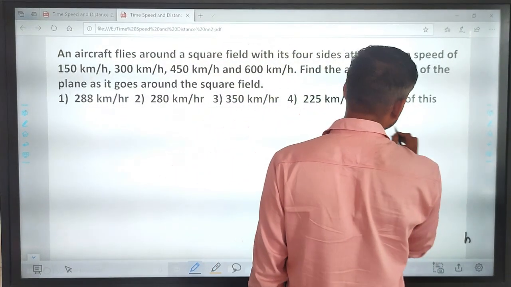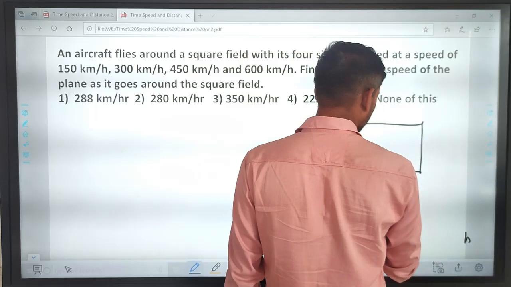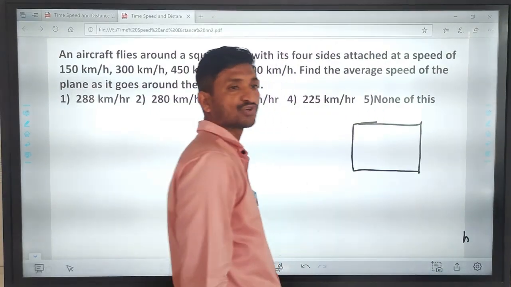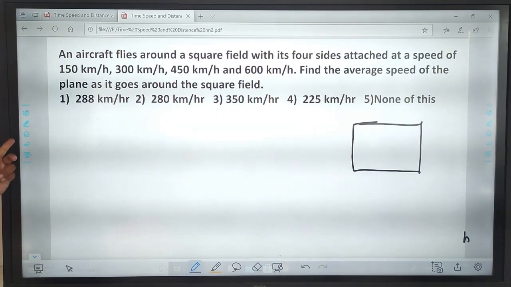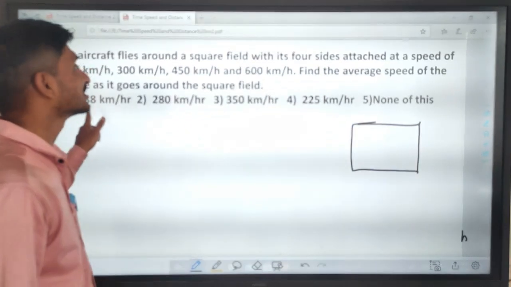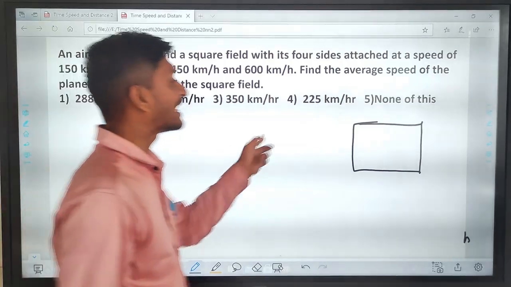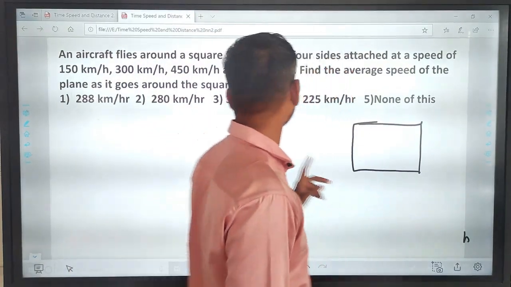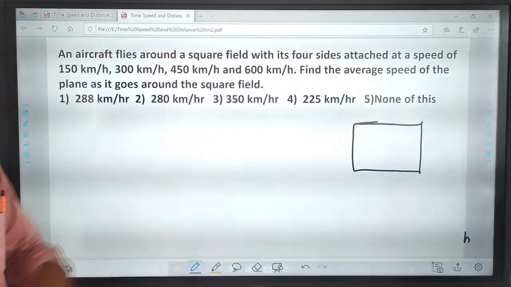Find the average speed of the plane as it goes around the square field. Here the field is a square, that is, four sides are equal. Then the plane covers the same distance at different speeds.